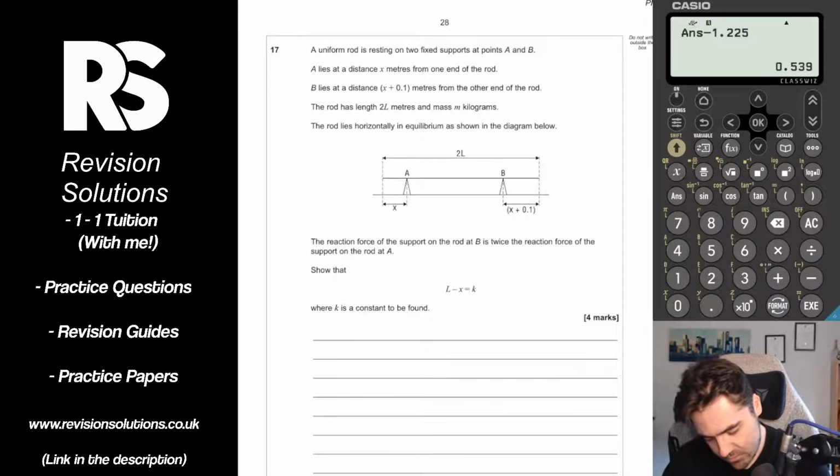Okay, well, it's a uniform rod, so let's label all our forces on. So we can put mg in the middle. So this distance would be L minus x. And this distance would be L minus x minus 0.1.